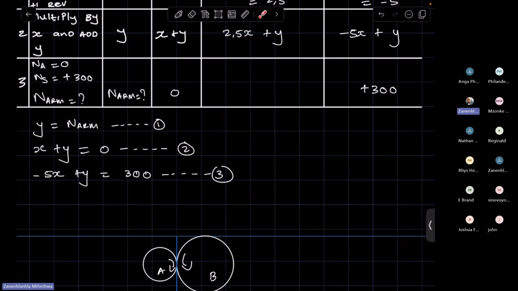Now looking at what exactly we're looking for, n arm. In order to get n arm, you need to get the value of y. So to get the value of y, we simply need to solve these two simultaneously. The easiest way of doing that for this case would be to express x in terms of y, so that we'll only have one unknown.